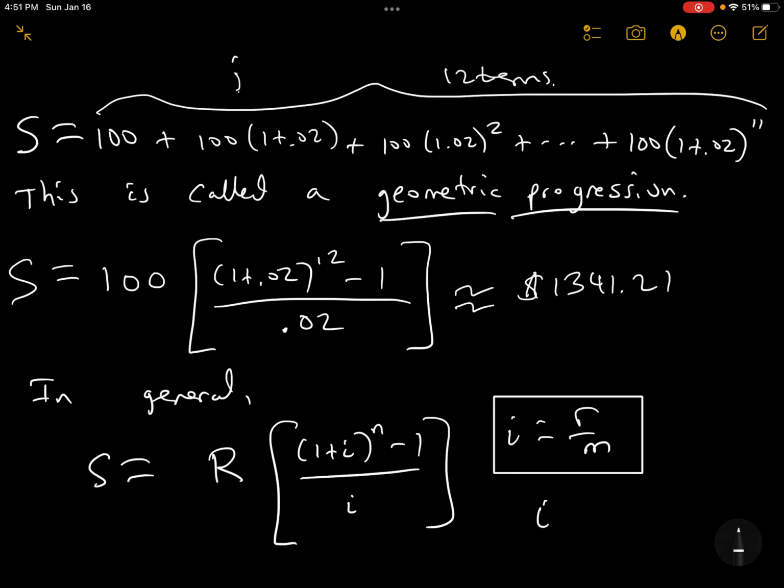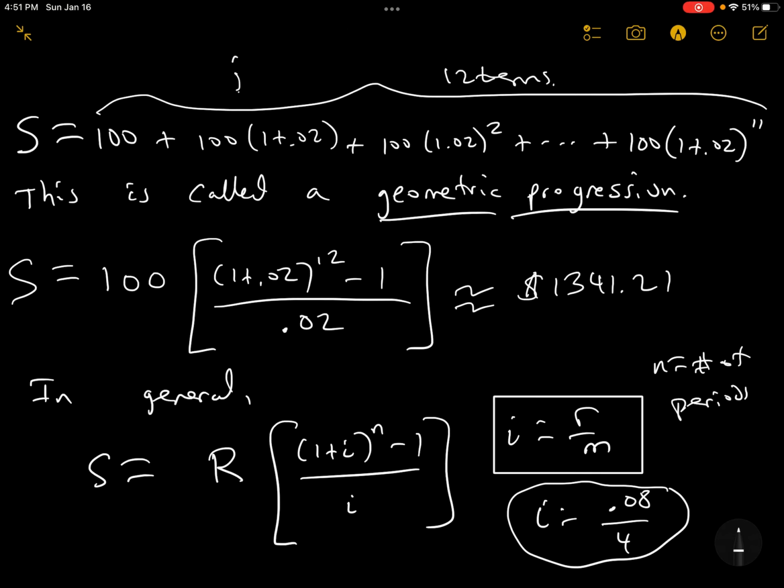And in this case, i equals the APR per number of compounding periods or interest conversion periods per year, and then n is the number of periods. Okay, so this gives us a way to accumulate an annuity.